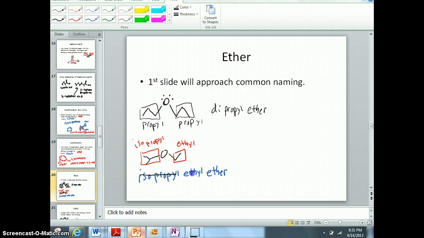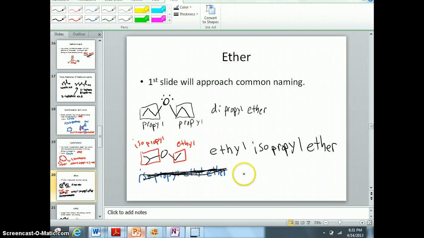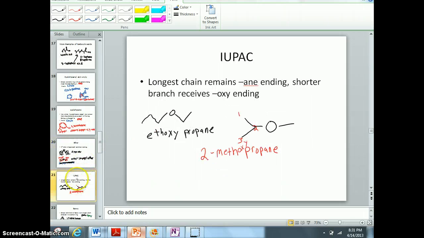If we were going to name this, the actual correct naming, remembering alphabetical order, would be ethyl isopropyl. That'd be the naming for this. Ether. Oh, wow, almost missed the most important part there. Ethyl isopropyl ether.